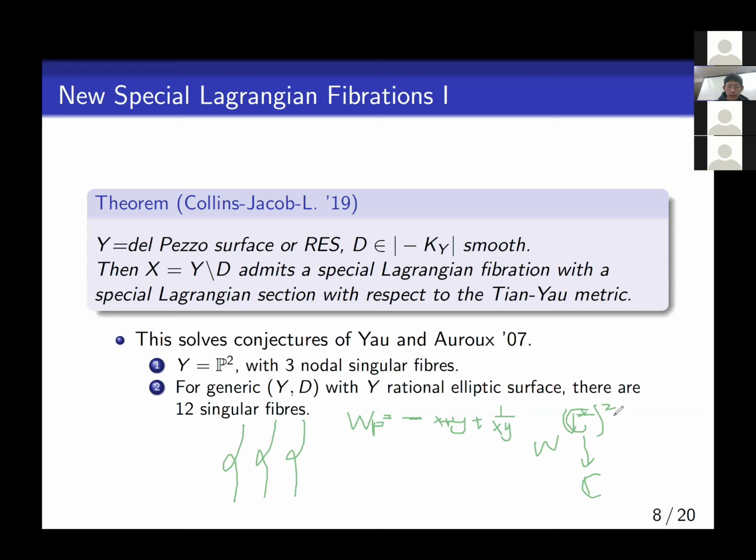So you probably smell a sense that some mirror symmetry is going on here.